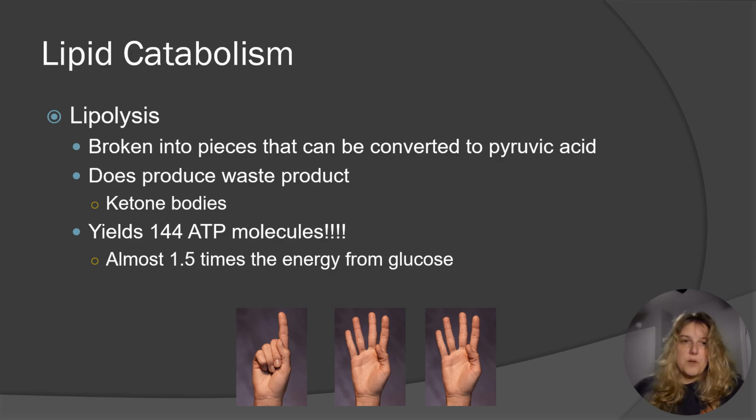If you depend upon the lipids, or lipolysis, if you will, where you have the lipid breakdown or catabolism, it does produce a waste product in the form of ketone bodies.